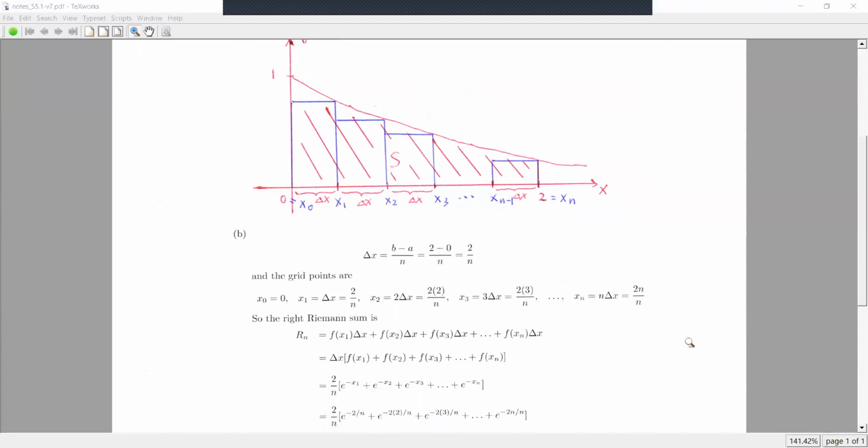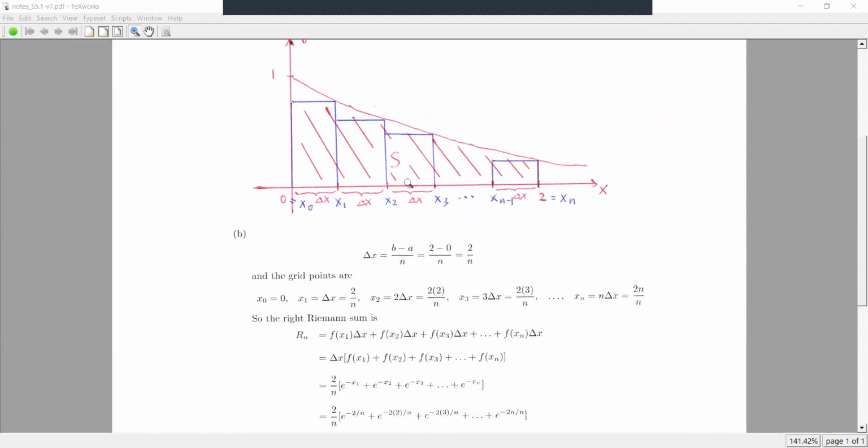Now we have subintervals. Now build rectangles. Over the first subinterval, use the function value at the right endpoint to build a rectangle. Over the second subinterval, use the function value at the right endpoint to build a rectangle, and so on. Area of the first rectangle is base delta x times height. Area of the second rectangle is base times height.